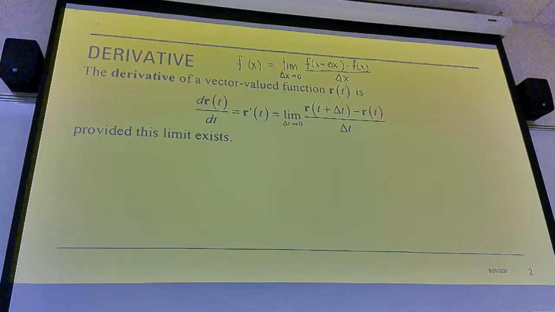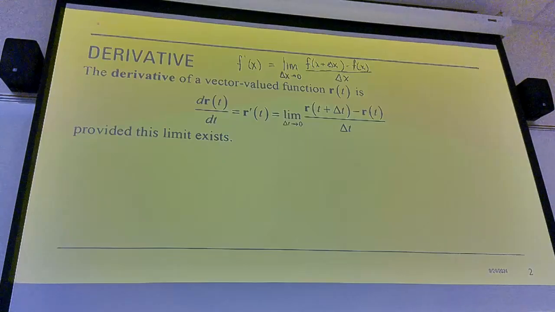But wait, how do you find the limit of a vector value function? Well, you just find the limit for each component. Yeah, it's just the limit of each component, right?